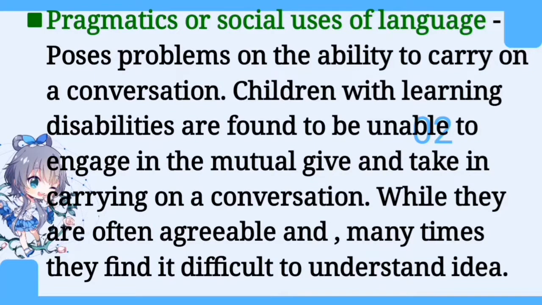While they are often agreeable, many times they find it difficult to understand ideas. Conversations are marked by long silences and inability to follow the other person's statements or questions. They tend to answer their own questions before the other person has the chance to respond, and they also tend to make irrelevant comments that make the other person uncomfortable.